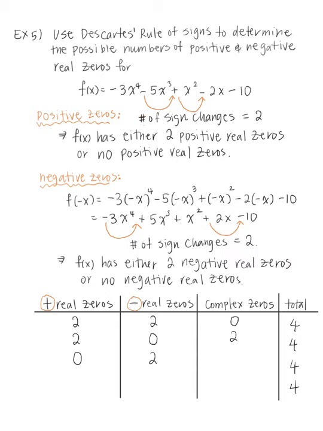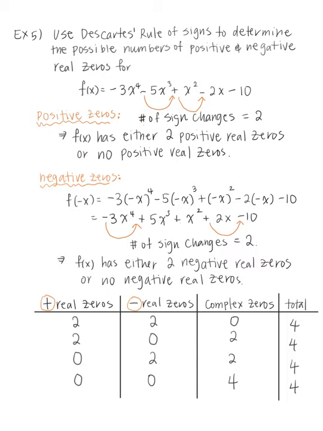That means we should have 2 complex zeros. Does that make sense? All right. So I'm just taking all the possible combinations so that the total zeros will add up to 4. And the next one, suppose we have no positive real zeros and no negative real zeros. So that means how many complex zeros are we going to have? We're going to have 4. So we've got 4 options going on.